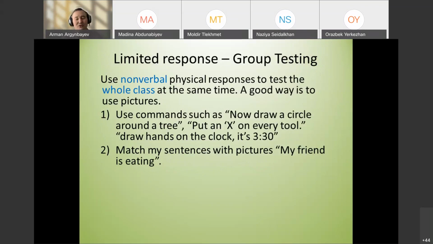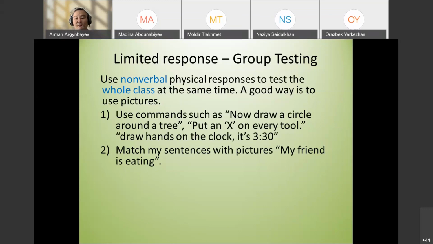Usually we should start with a group because testing with a group is less inhibiting, less frightening. Students are usually not afraid when they answer as a whole class, because they can repeat after their peers and learn in the same way. And then later you can use individual testing.